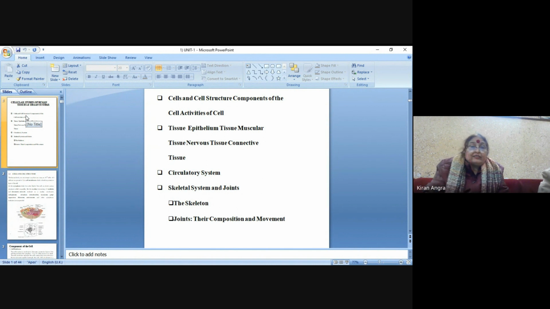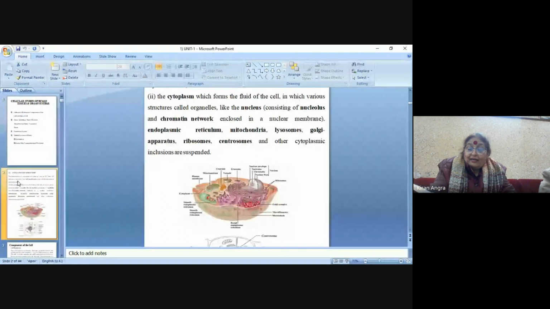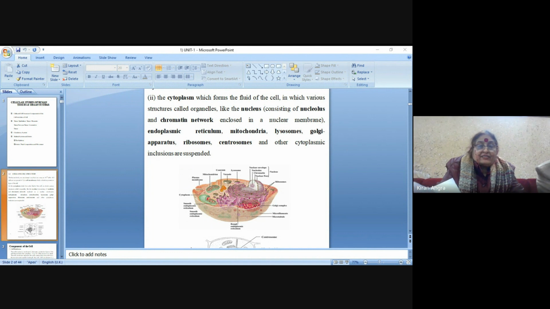The first unit is cellular studies of human tissues and organ systems. I'll try my best to take up unit 1 and unit 2 with you. If you see the objectives which I have displayed on the slide, are all the slides visible to all of you?